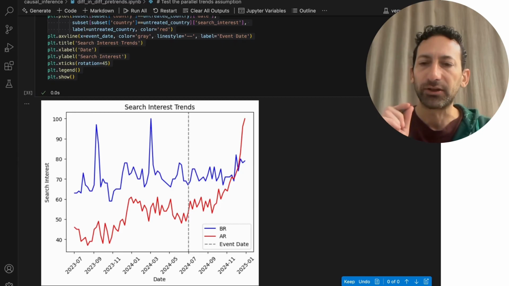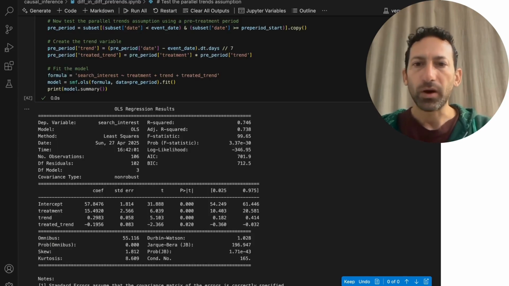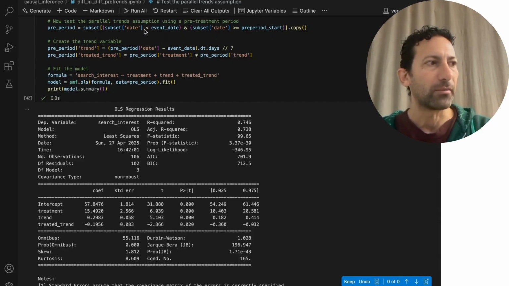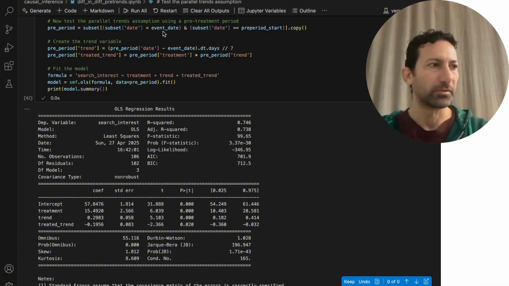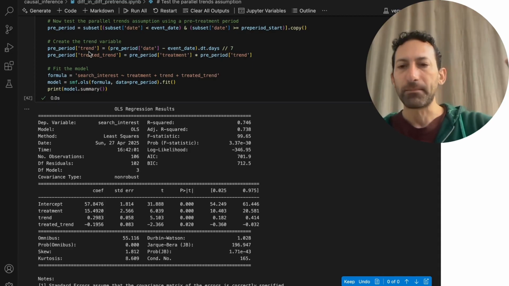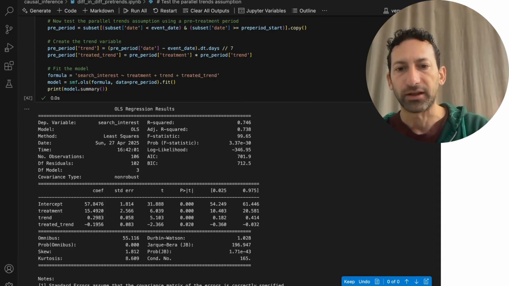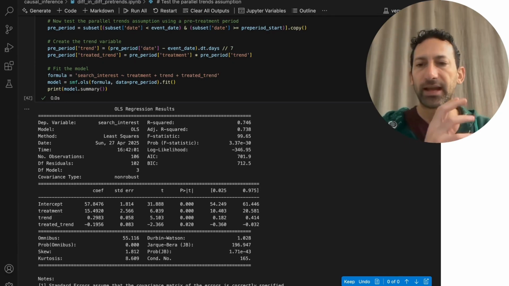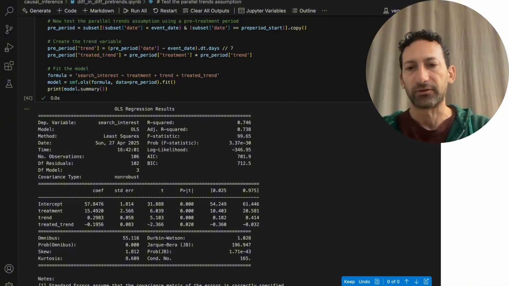Now, we can actually test this in a better way than just looking at it. So I'm going to take the data and limit it to all the data prior to the event date, so there's nothing in the post period. I then create a trend variable that just steps back by one at each point in time prior to the event date. So at event date, time t is 0, time t minus 1 is -1, t minus 2 is -2, and so on.